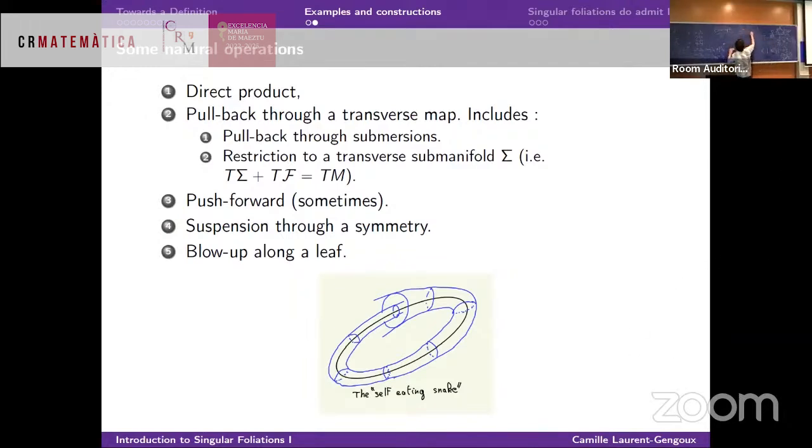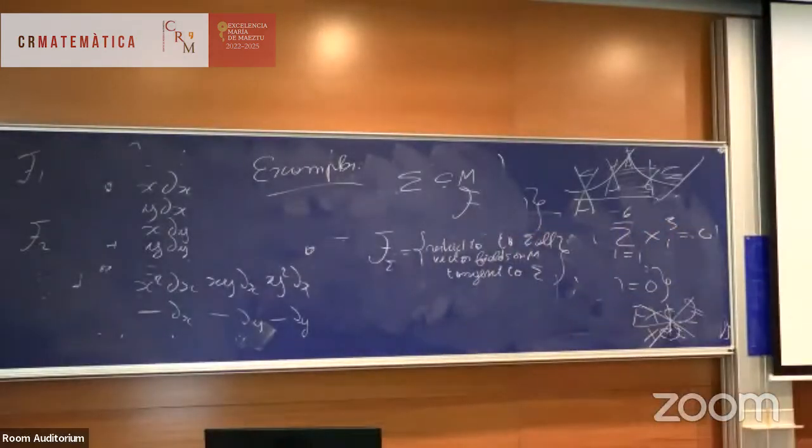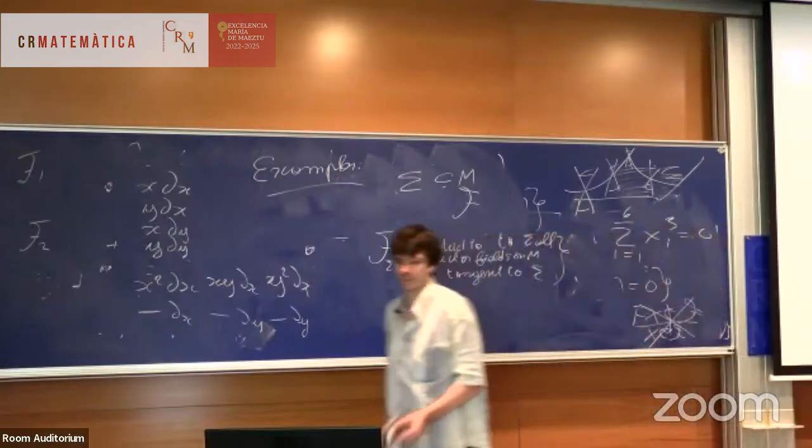You take a submanifold sigma in M, and you have a singular foliation on M. You restrict to sigma all vector fields on M tangent to sigma. It might not be finitely generated, but it's a module, closed under brackets. And if sigma is transverse to the foliation, it is finitely generated. So that's a singular foliation.